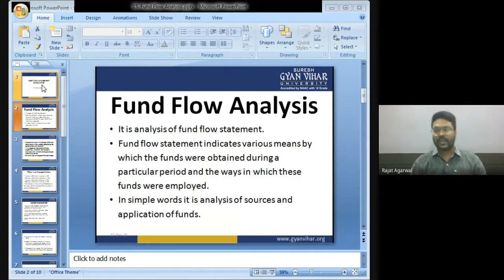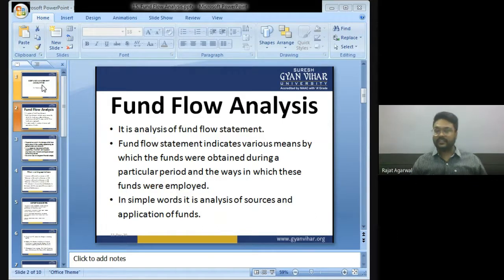What is fund flow analysis? I told you that through fund flow analysis, we will get to know the various sources from which we are obtaining the funds, and after that where we are applying those funds. As the name suggests, it will tell us from where the company is obtaining the fund and where the company is employing that fund: the sources of fund and the application of fund.